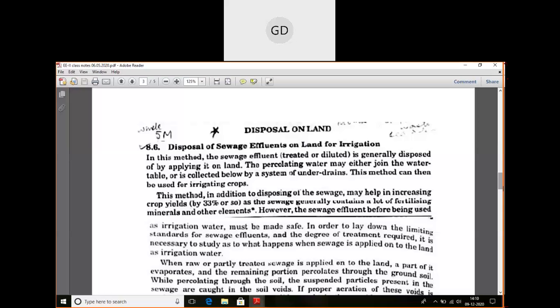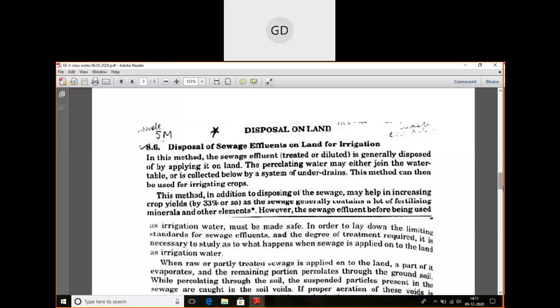In addition to disposing the sewage, it may also help in increasing the crop yields, because the sewage contains a lot of fertilizing minerals and elements. Before this sewage effluent is used as irrigation water, it must be made safe. For that the treatment process is done.